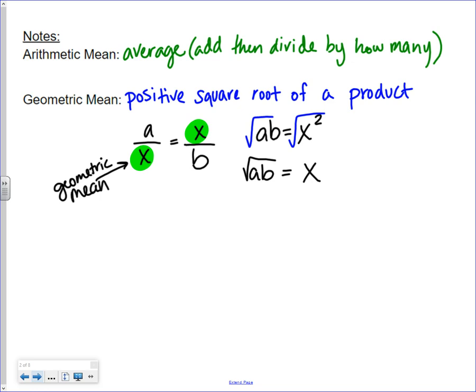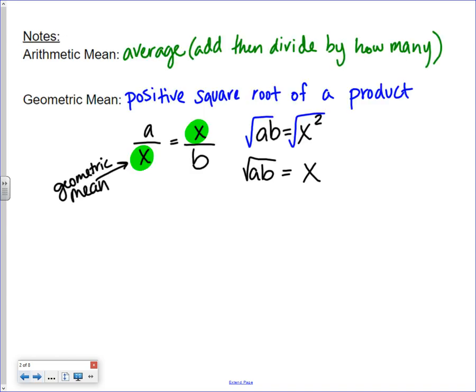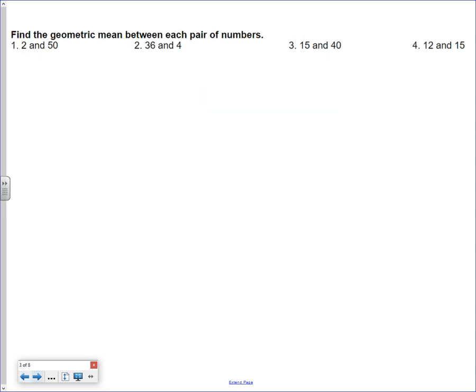All right, so I have this triangle. Now, I'm sorry, I'm not going to go to the triangle yet. We're going to do a couple of these practice. So it says, find the geometric mean between each pair of numbers. Now, folks, back here, I highlighted in green where the geometric mean goes, correct? Do I know the geometric mean of these numbers? No, that's what I'm trying to find.